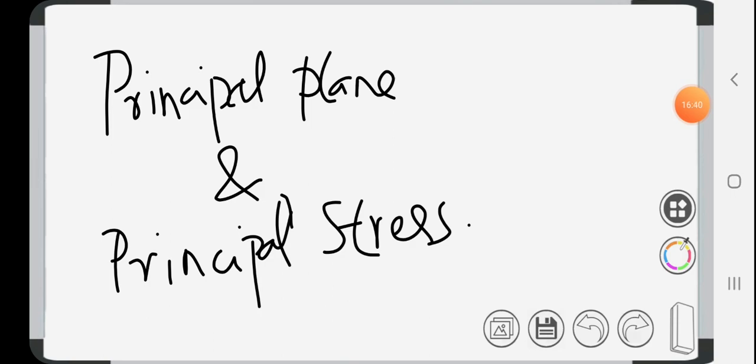Students, a very important concept we are going to learn: principal plane and principal stresses. We have seen that the normal and shear stress components can be determined on any plane if the normal or the directional cosines are known.